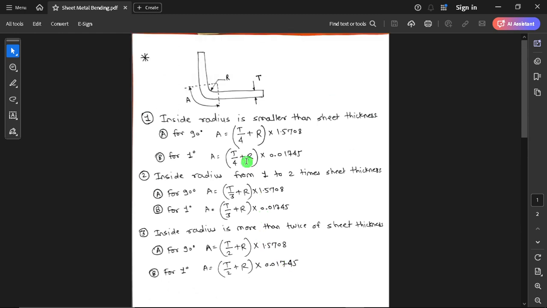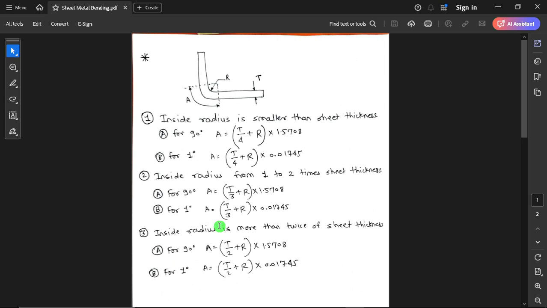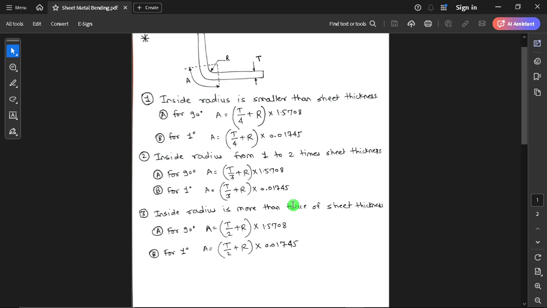And if the inside radius is more than twice the sheet thickness, meaning if the sheet thickness is 10 mm and inside radius is about 20 mm or more, then you have to go for these formulas. But I generally prefer you to take the inside radius the same as the sheet thickness, so it will make your calculations simple to get the development length.